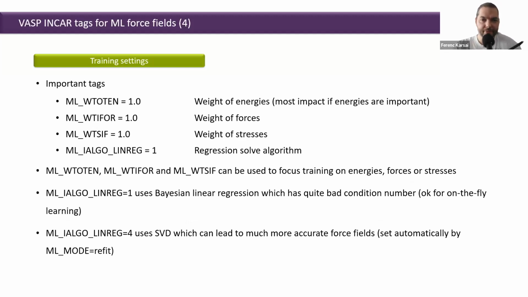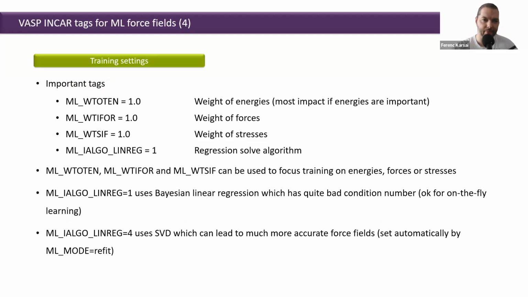Next, we have some important additional training settings. The first three tags here, which start with a W, set the relative weights of the energy, forces, and stresses. Usually setting the weight for the forces has a small impact because we anyway have many more lines for the forces.